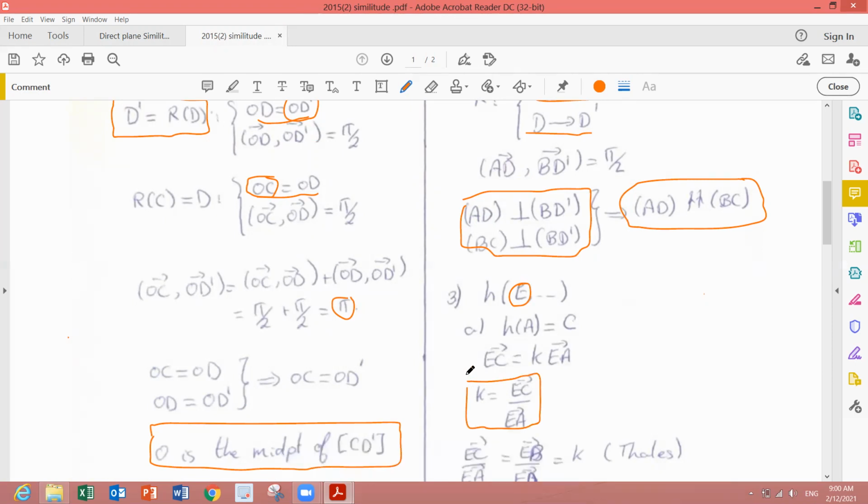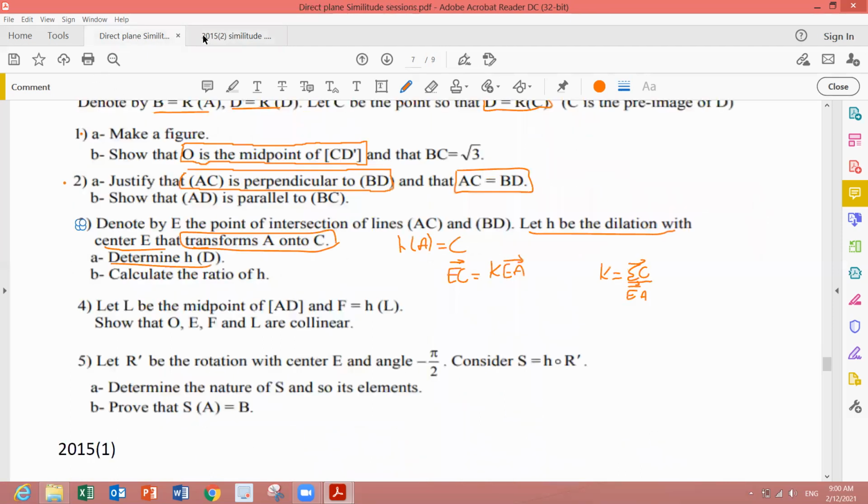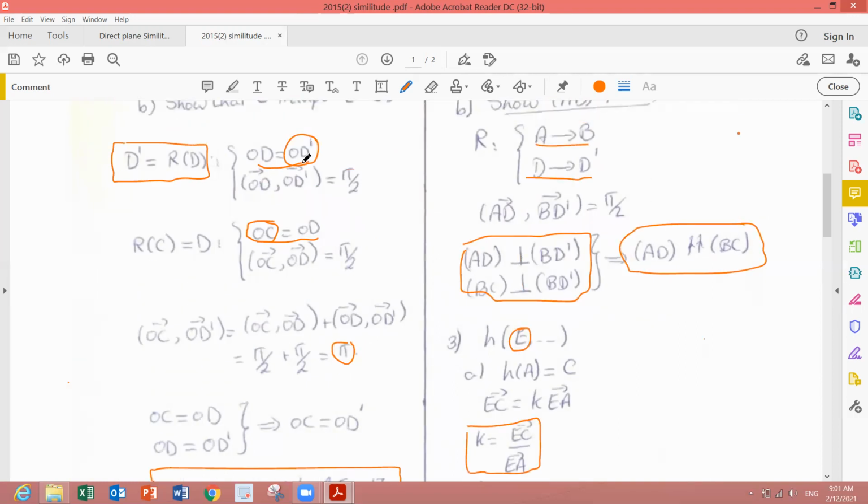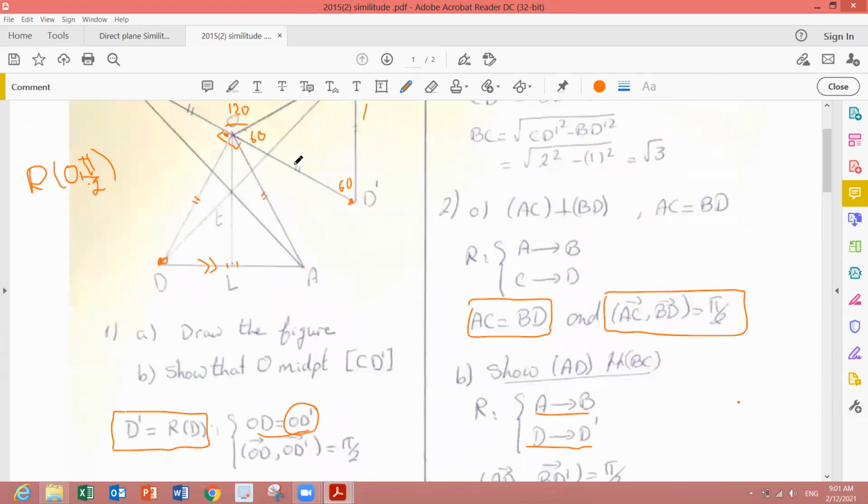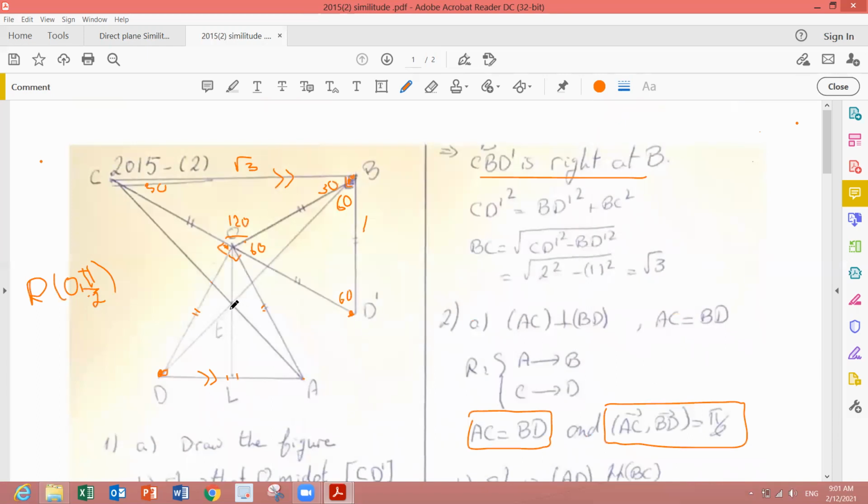I need to determine the image of D. If you remember, EC over EA. What does EC over EA equal? Thales property. If we have two parallel lines, EC over EA, I can write it equals EB over ED equals BC over AD.